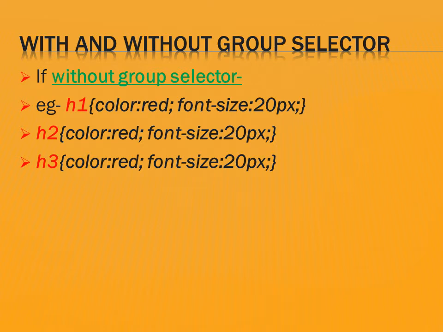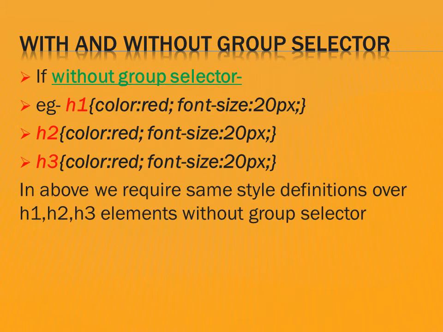So to apply these same properties over three different elements, we must assign each and every element separately. See, above we require the same style definitions over the h1, h2, h3 elements without a group selector. And next I have given the same example while using the group selector.